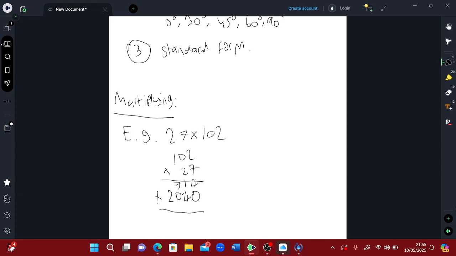So 4 add 0 is 4, 1 add 4 is 5, 7 and 0 is 7, and 2, and there we go. So the answer to this should be 2754. And you can check that with a calculator. Yes, cool.